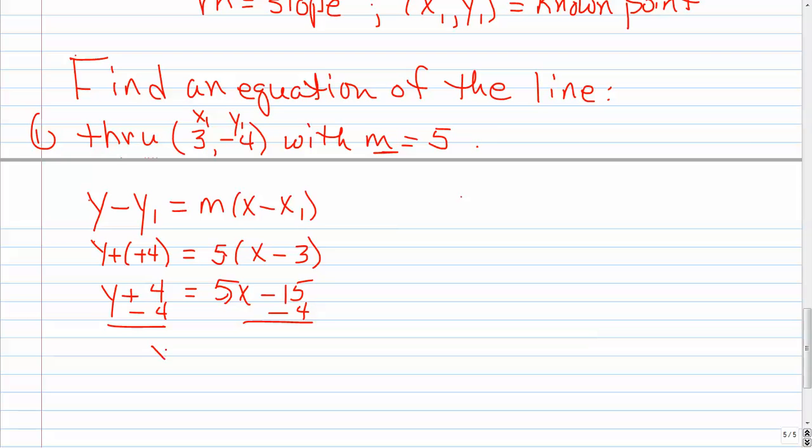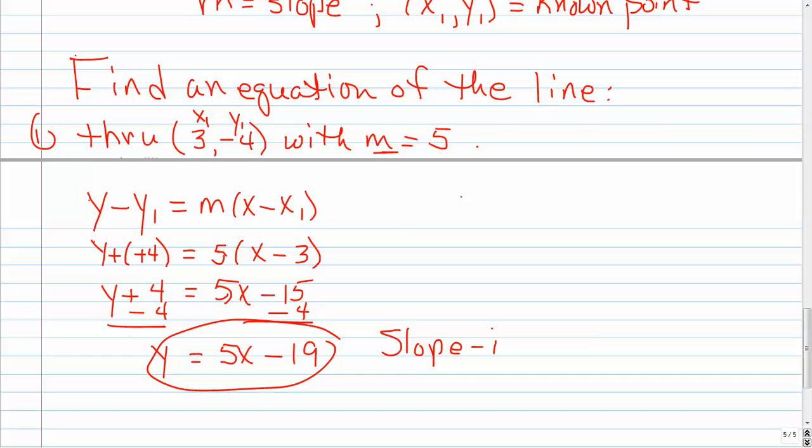And so I'd end up with y equals 5x minus 19. So this is the equation of the line, and this final answer is in what we call slope-intercept form, where it's solved for y. And I'll talk about that a little bit more later on.